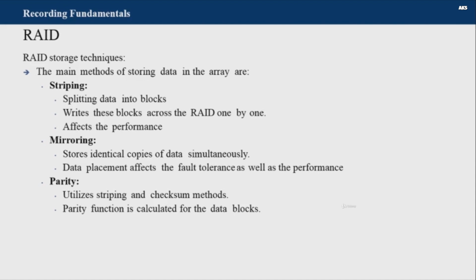Data striping is the spreading of sequential and random blocks of data over multiple disks. Data mirroring involves writing the same data to multiple disks, and parity utilizes striping and checksum methods calculated for the data blocks. Don't worry guys, we'll see exactly how each RAID uses those methods, so let's move now to the RAID types.